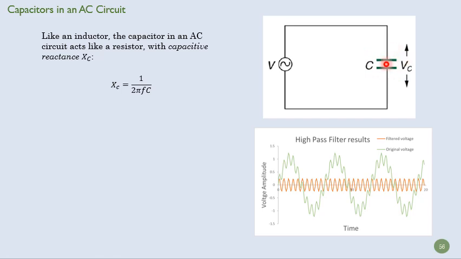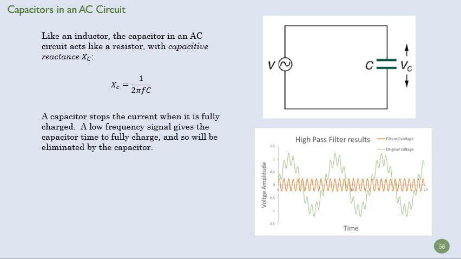So in order to keep a current going, I have to have a really fast oscillation so that the capacitor doesn't get fully charged and essentially break my circuit, stop the current. So the faster my frequency in this case, the lower my reactance. If I have a really low frequency, I'm going to have a high reactance, or a high resistance, in that circuit.